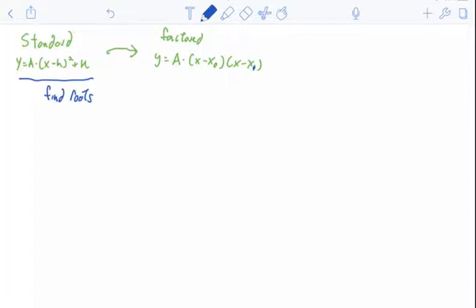How do we do it? Set y equal to 0. If you set y to equal 0 in this equation, you're saying, I want the output to be 0. The values of x that make the output of the function 0 are called the roots, and we can find them essentially using the same thing. So let's try it for our first example that we worked with at the start of the video.